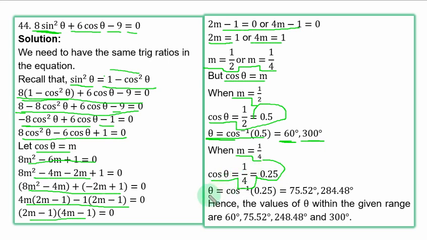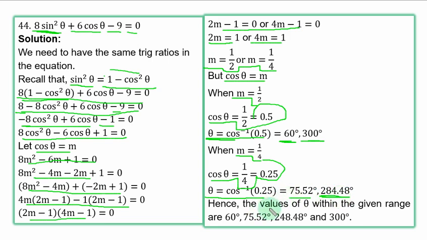To get theta, you take the inverse of cosine of both sides and you have 75.52 degrees. If you check the other quadrant, precisely the fourth quadrant where cosine is positive, you have the other value of theta to be 284.48 degrees.